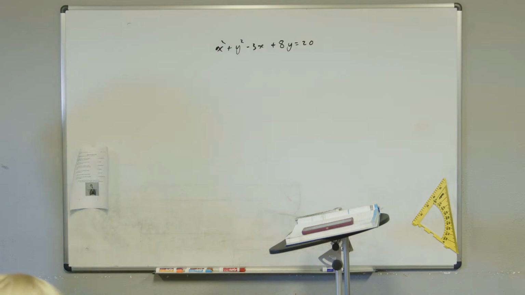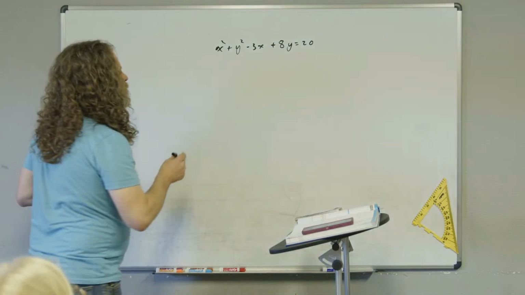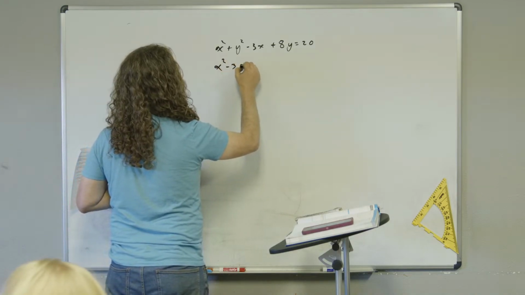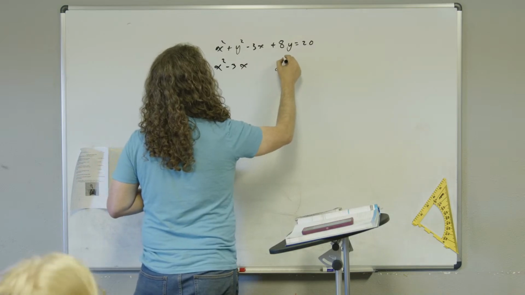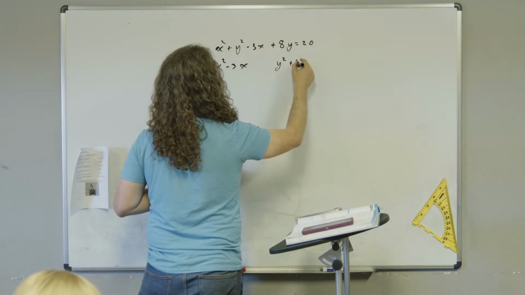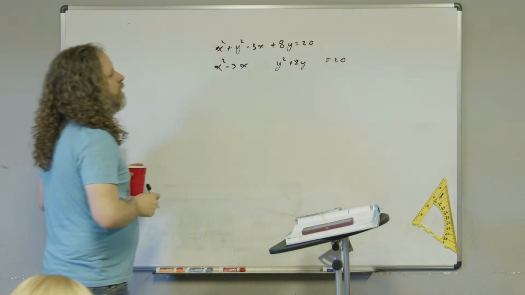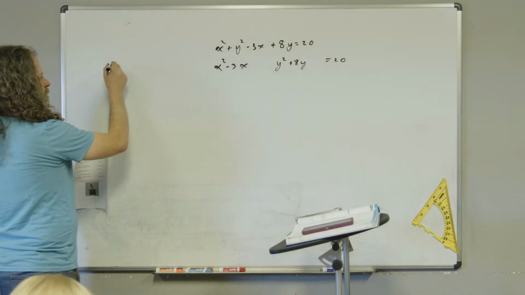So what should we do? That is our goal, yes. So to do that, we're going to group the x terms, group the y terms, and complete the square twice.